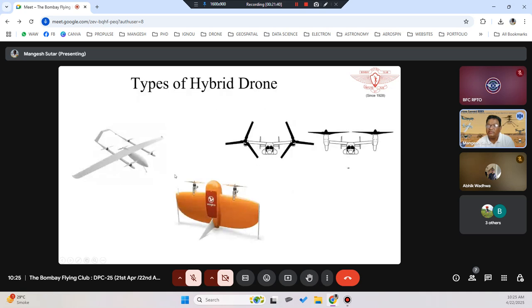Actually, for this type of drone, I am already engaged with an organization in Rajasthan, where I am giving my type certification consultancy services.